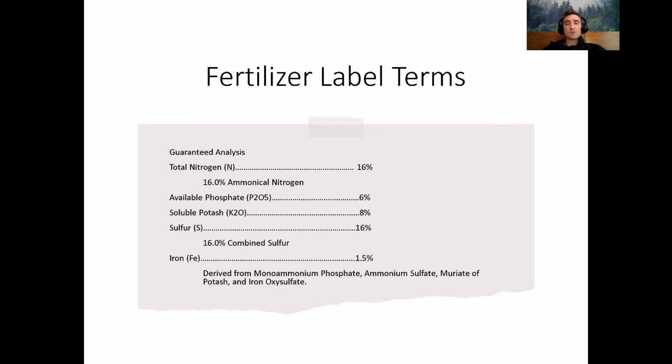And then we have a sulfur analysis as well, and iron, 1.5% iron. And then you can see a whole host of compounds that create the iron in the fertilizer. And so we're not just putting down the 3 letters, we're putting down the combinations as well.